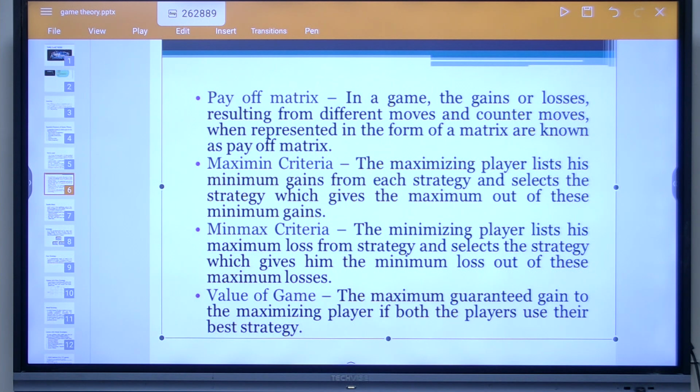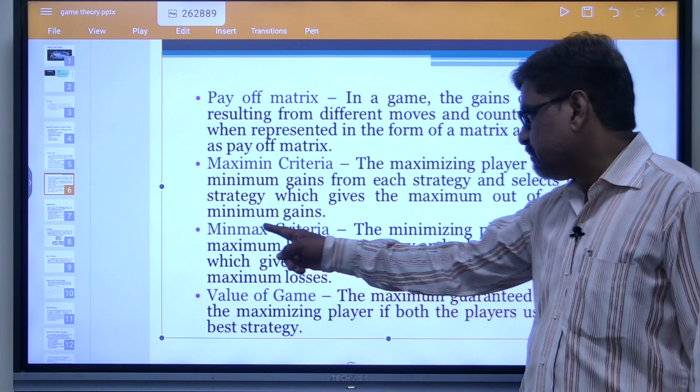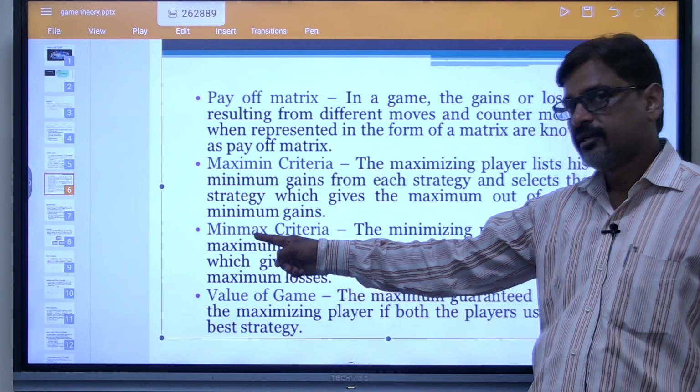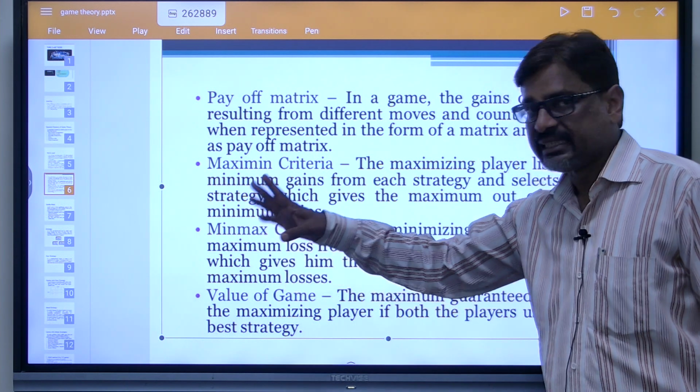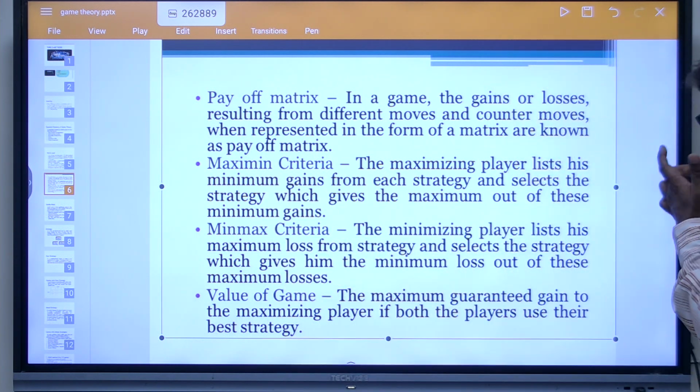So, we just find out whatever selection will be made, our maximum loss on selecting A1 is this one, A2 is this one and A3 is this one. Now, what can we do with our strategies B1, B2 and B3? We can select the strategy which has the minimum of the maximum losses. Out of the various maximum losses, we will select the minimum one. This is the minimax.